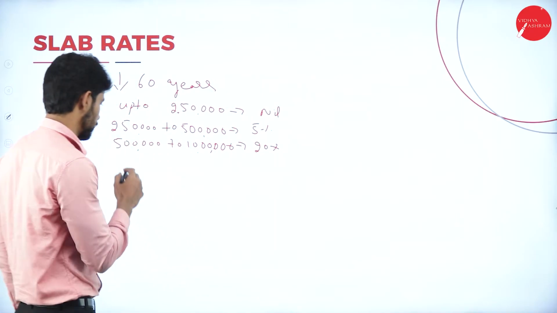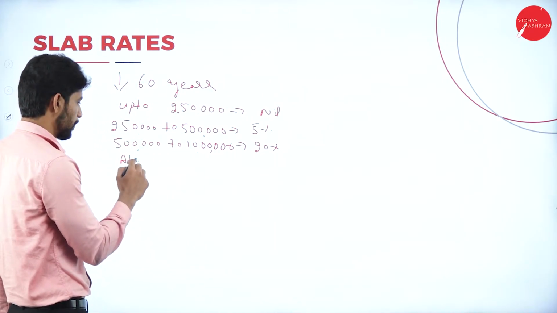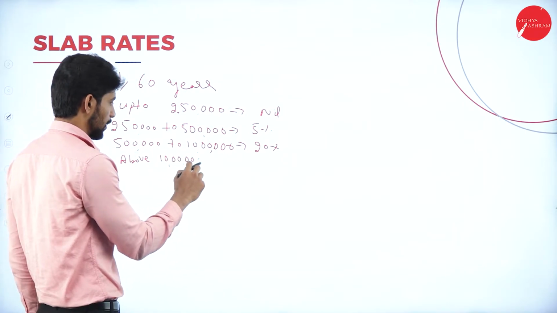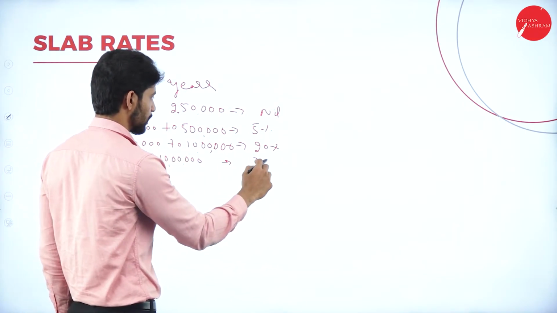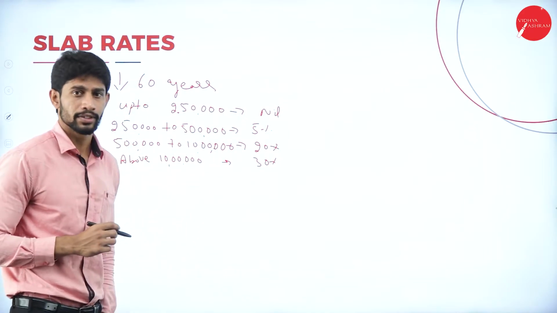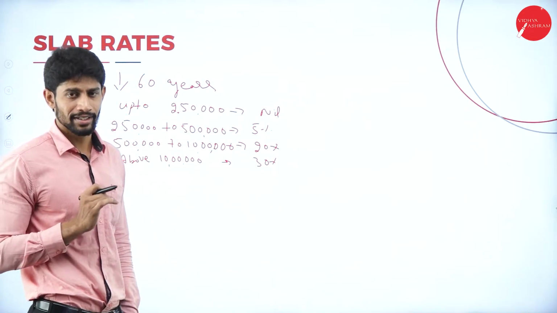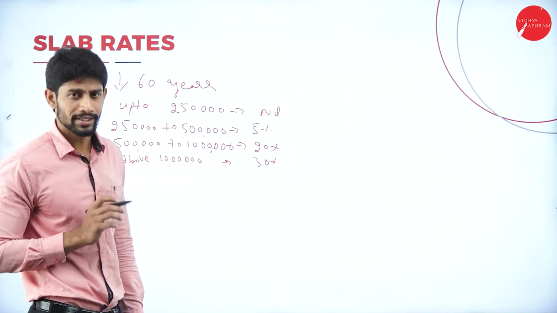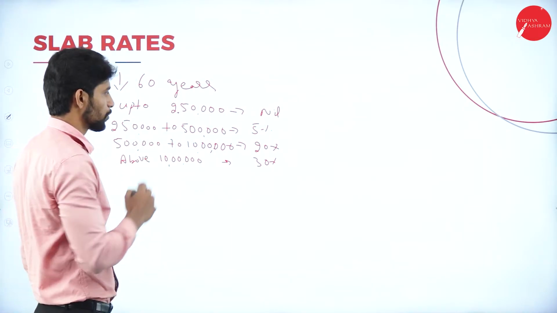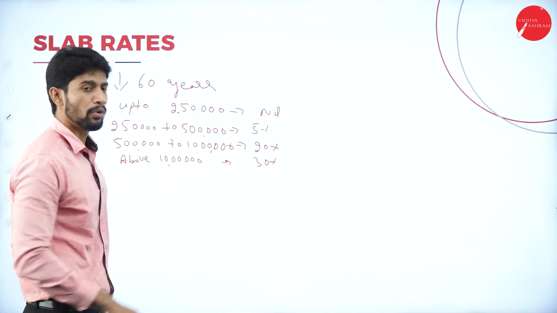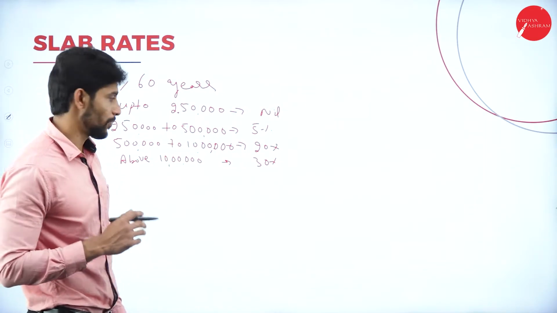Next, above 10 lakhs, it is 30%. Yes, if the assessee age is less than 60 years, then up to 2,50,000 it is nil, and 2,50,000 to 5 lakh it's 5%, 5 lakh to 10 lakh 20%, and above 10 lakh it is 30%.